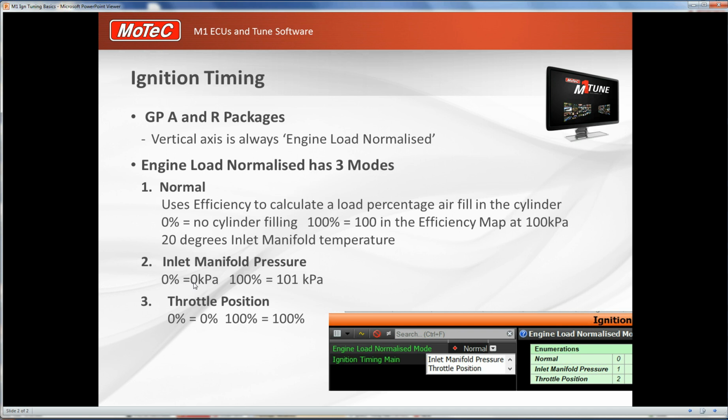So again, the engine load normalized channel gives you a nice consistent channel that reflects pretty much cylinder pressure. And it gives you the ability to put in some nice flat ignition timing table numbers that will give you a predicted amount of ignition timing for any given engine load.